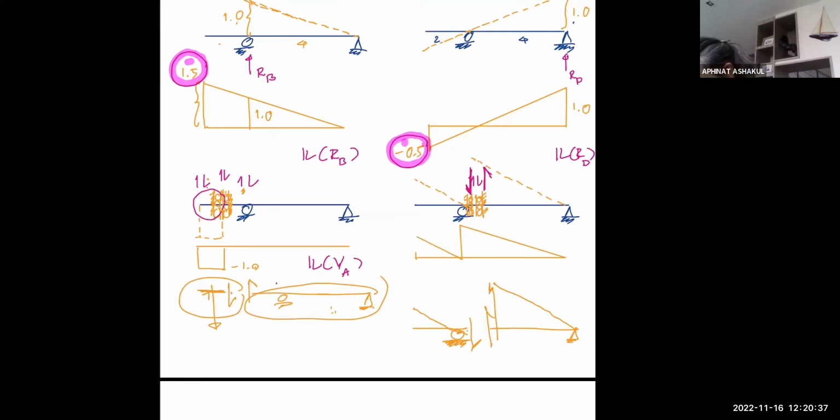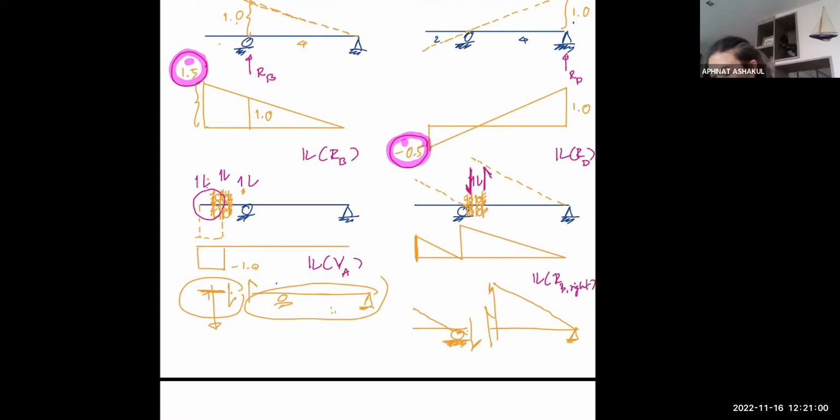All right, it looks straight enough. Okay, so this is the influence line of RB to the right.